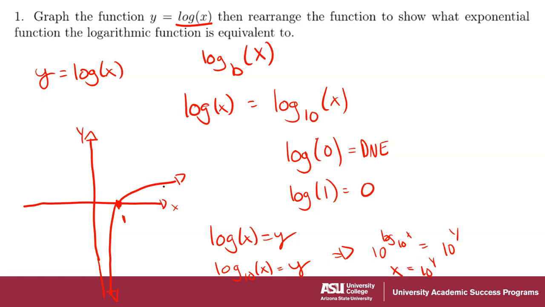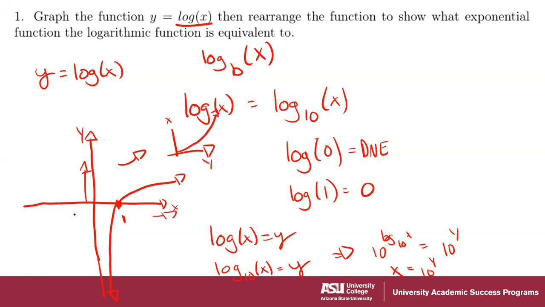So if we were to plot that, you'd get a graph that looks like this. Because if we flip it over, we have an x and a y. And then as the y increases, the x increases.